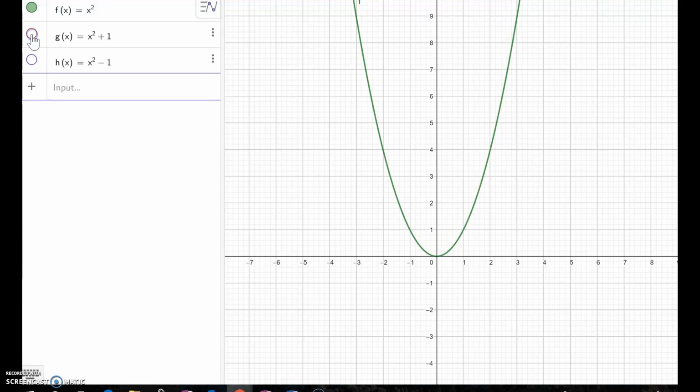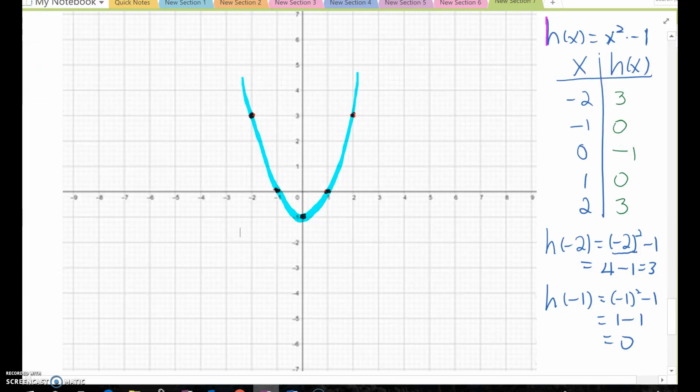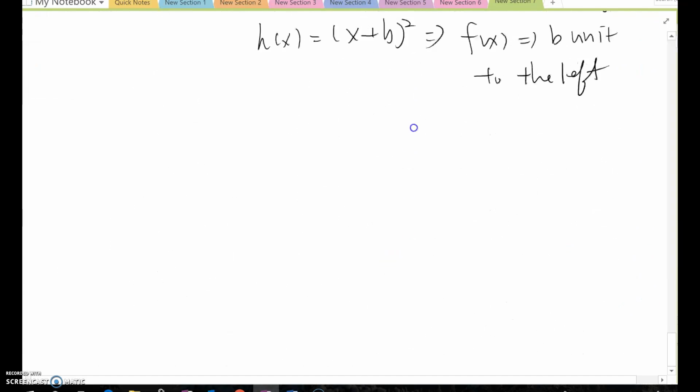So I'm gonna turn off g(x) for a second and then turn on the h(x) here. Then what do you see? The green one indicates f(x) equal to x squared, the purple one indicates h(x) equal to x squared minus 1. This vertex point, before it was the origin point, now we moved down 1 unit, right? So based on this, now we can conclude one result here.